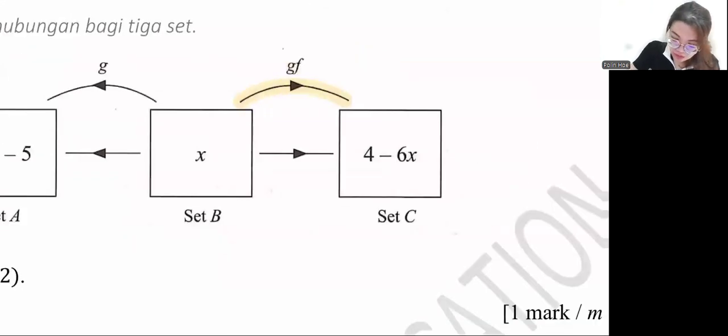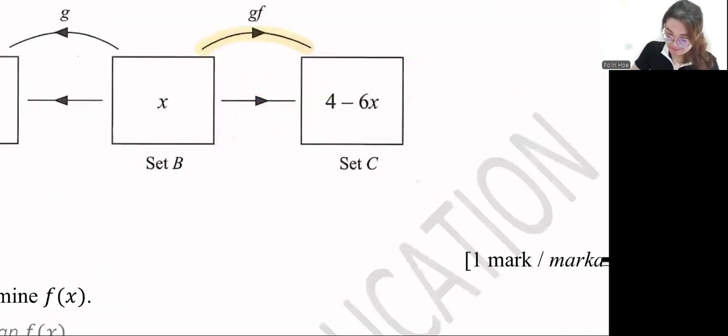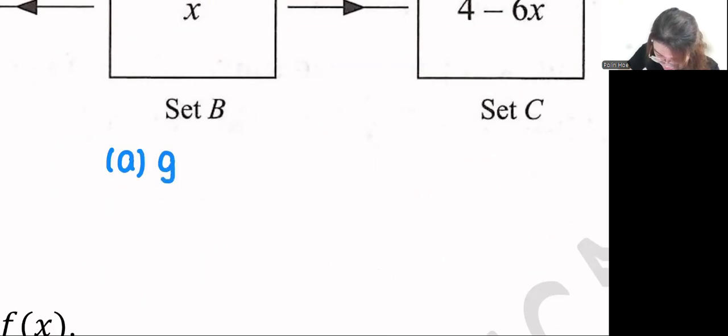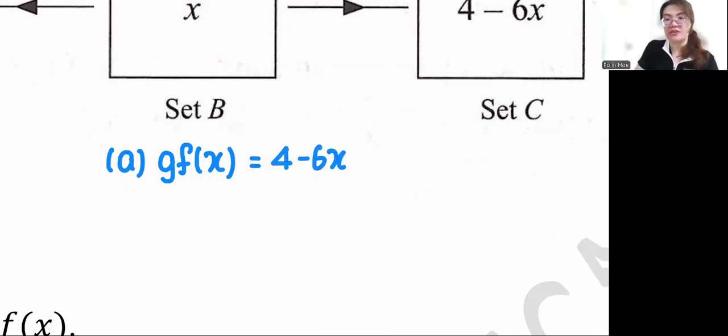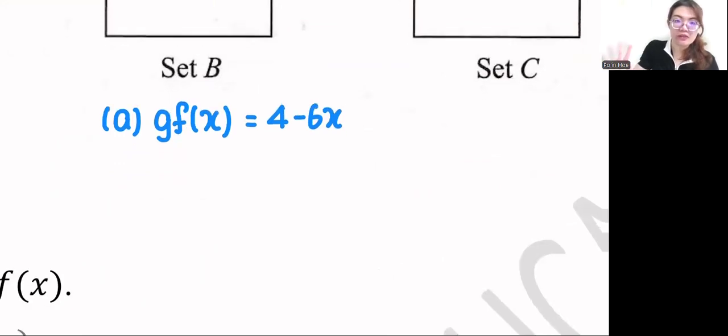那在这边, we can see clearly that GFX is equals to 4 minus 6x. This one is 1 mark only, sorry, which means both K and N, you need to learn how to get the mark. 你要学会怎样拿分数.